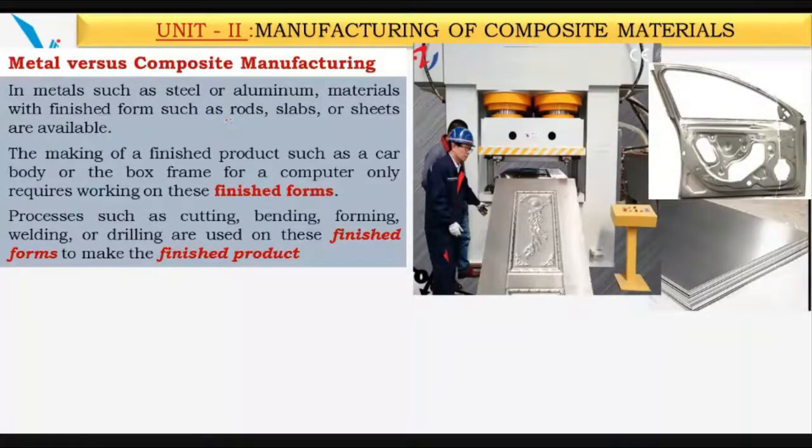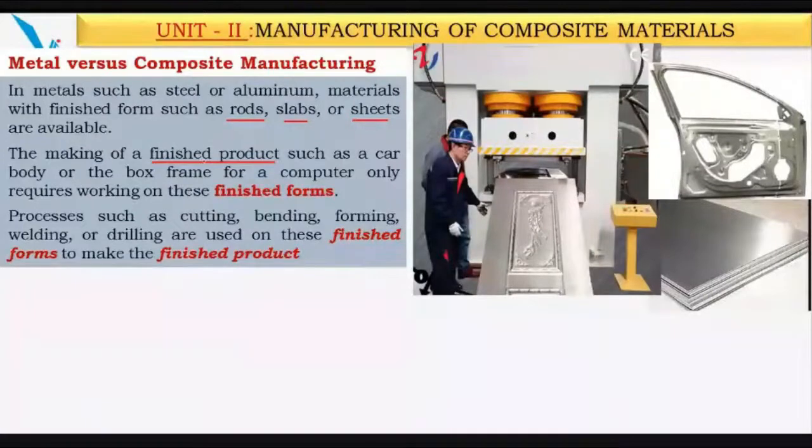Which are the finished forms? These rods, metal sheets, slabs. These are ready-made and stored as inventory or stock, and anytime you can pick them up to make finished products.